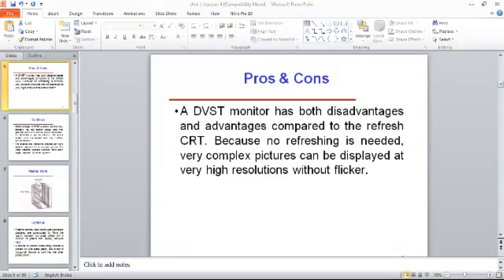In this case, there is no flickering. As one image reaches the screen, there is a continuous pattern, and another image again reaches the screen. In case of the CRT, the flickering starts. But in case of the direct view storage tube, we get a continuous pattern of the various images, there is no flickering, and we get the image with very high resolution.